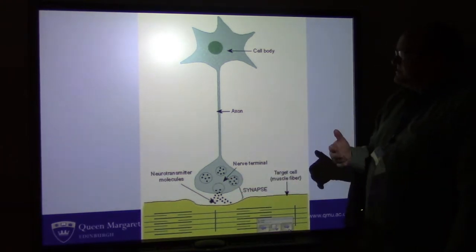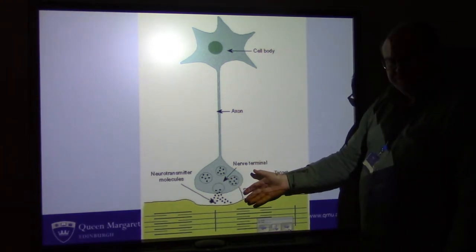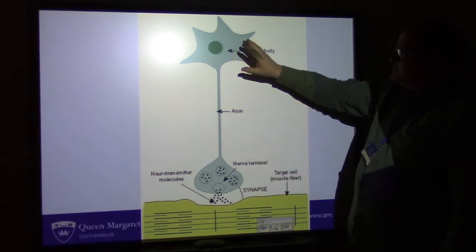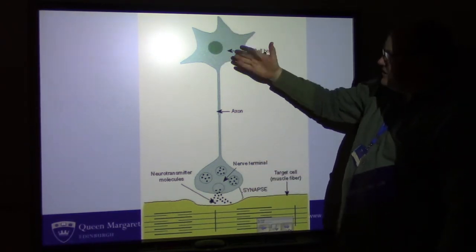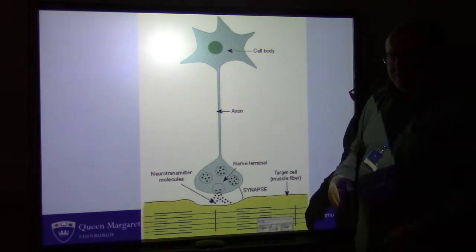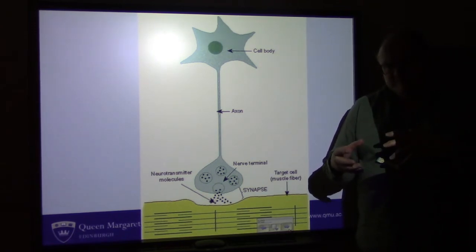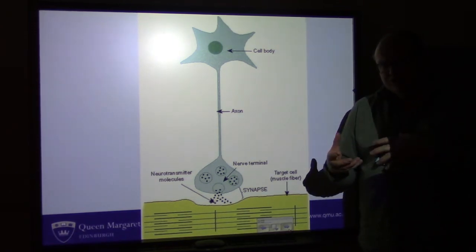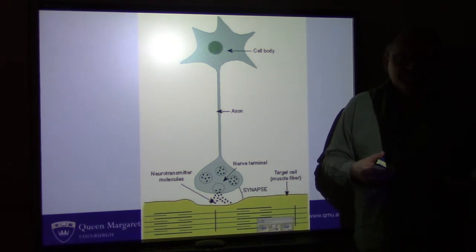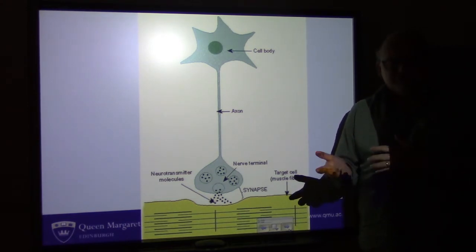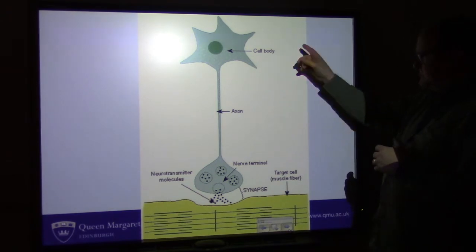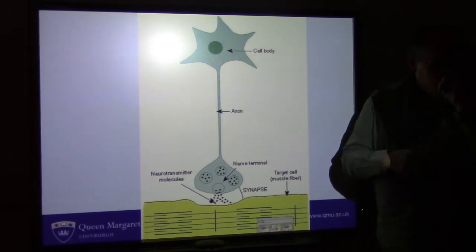Now the way that works is, this neuron has to be firing in order for the acetylcholine to be released. So action potential generation up here, propagation of the action potential. Now the action potential and the propagation of the action potential both involve the sequential movement of sodium, influx of sodium followed by efflux of potassium to give you the standard peak that you get with an action potential.